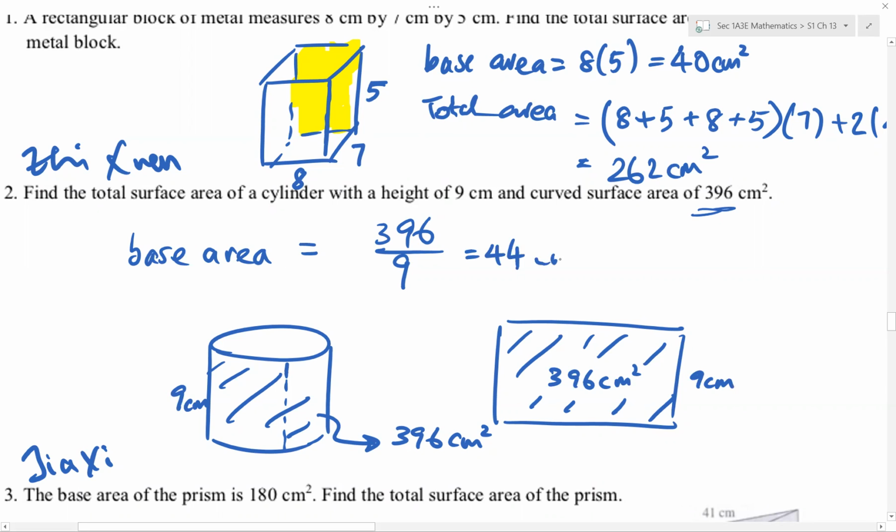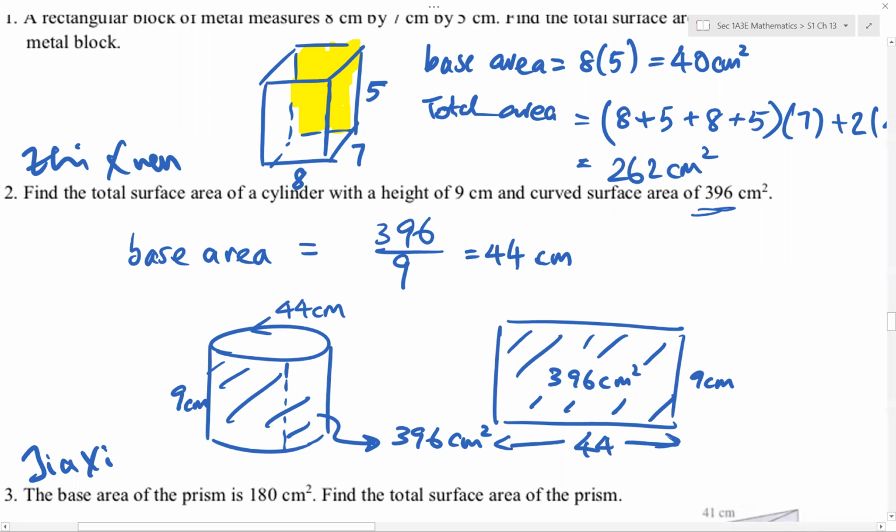What does 44 cm represent? The circumference. 44 cm represents the circumference, which is the base of your rectangle, isn't it?